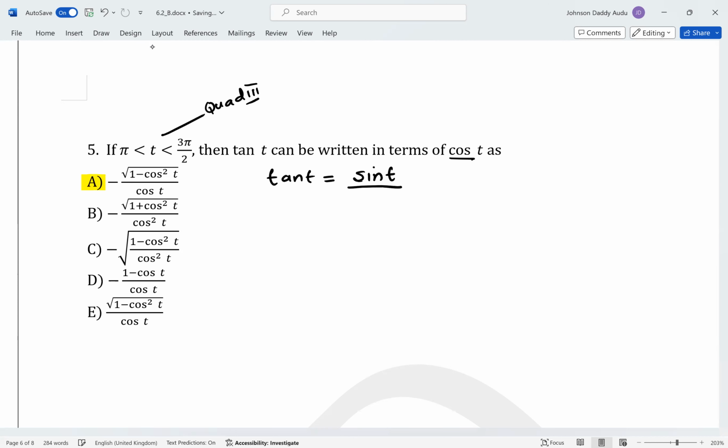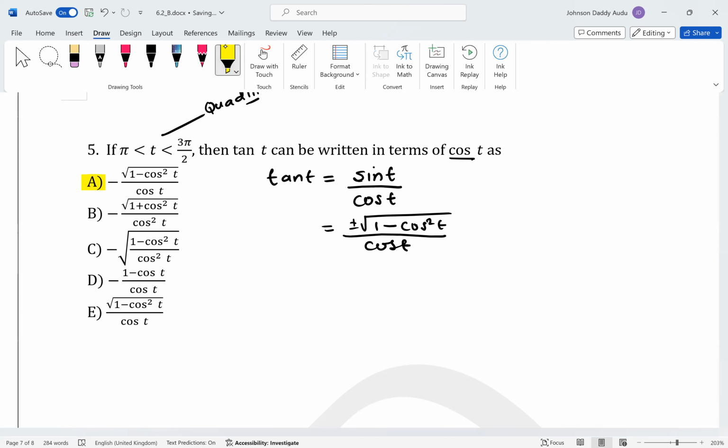Tan t is what? We can write tan t as sine t over cosine t, right? Then we need to try to change the sine to become cosine. So this we know it's going to be plus minus the square root of 1 minus cosine squared t over cosine t, right?